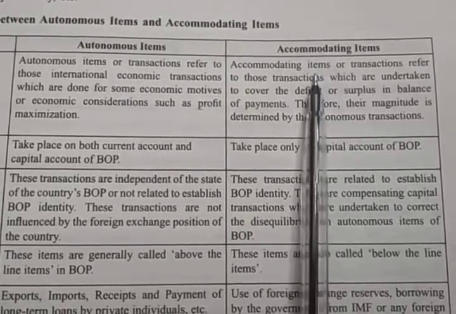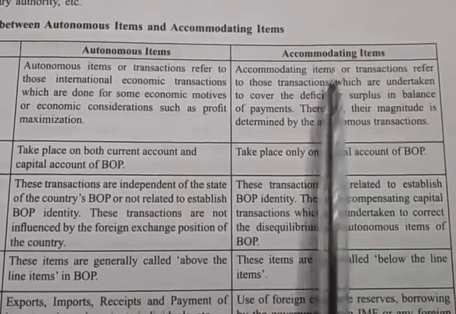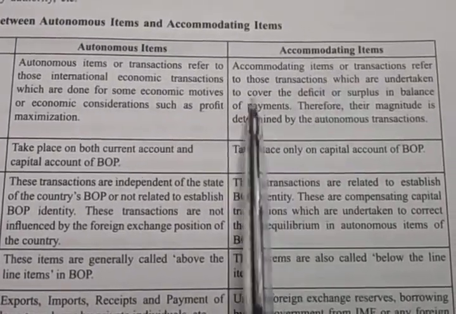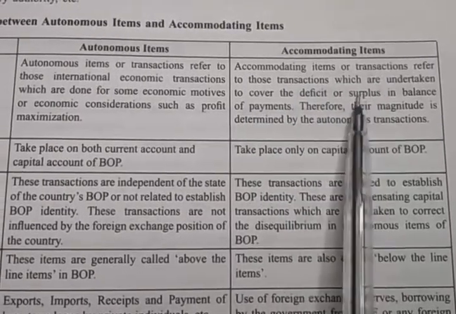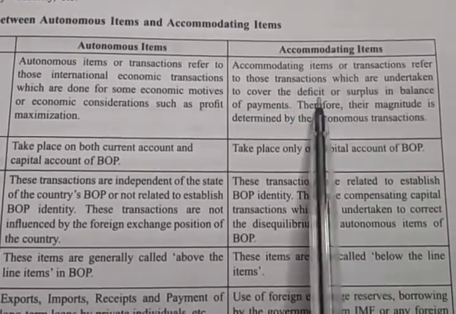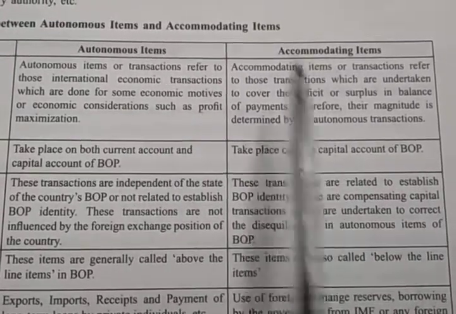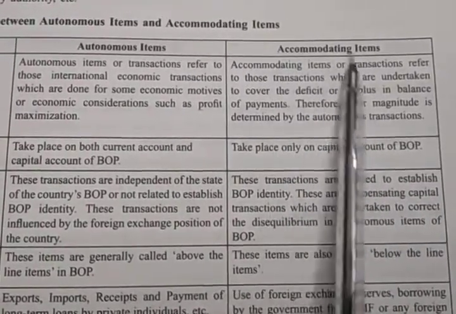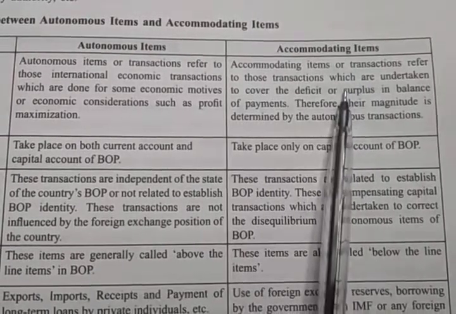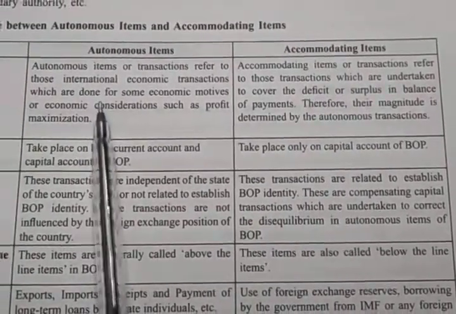Accommodating items are entered in the BOP just to compensate, just to cover the deficit or the surplus, and this situation always arises due to the autonomous items. So the magnitude of the accommodating items totally depends upon the situation of the autonomous items.